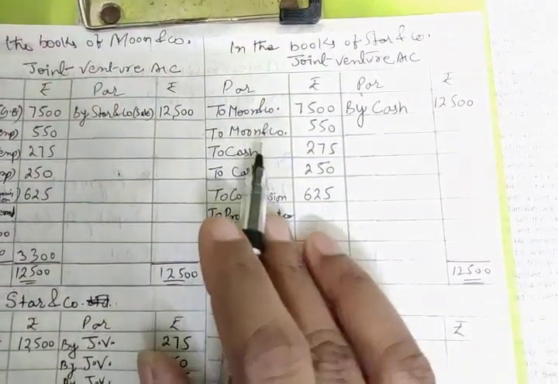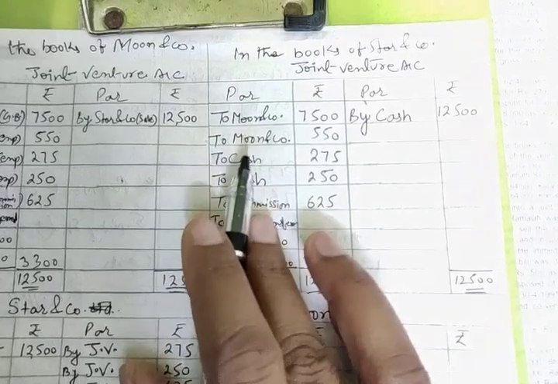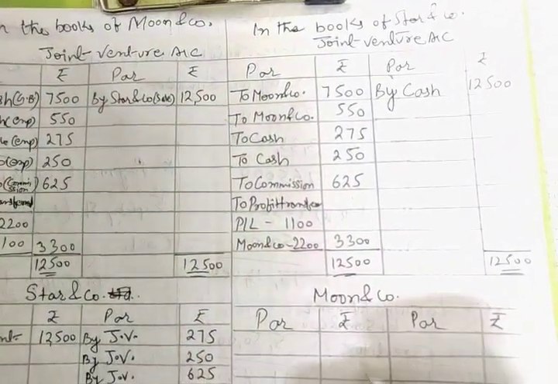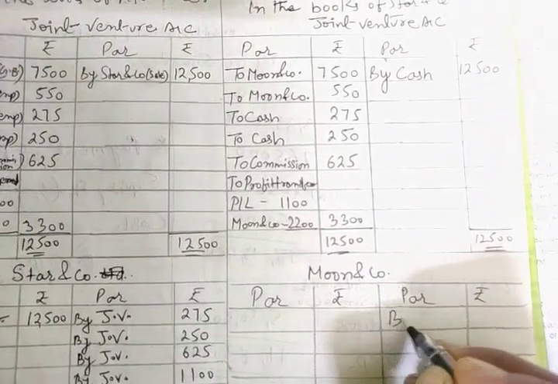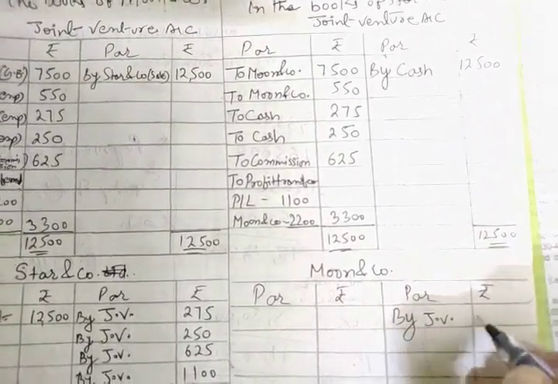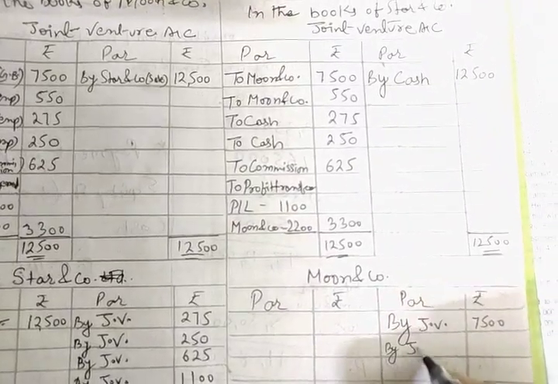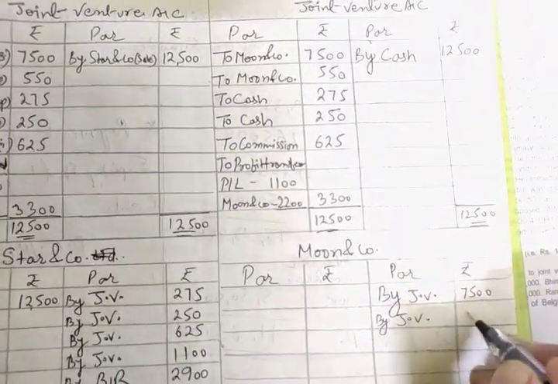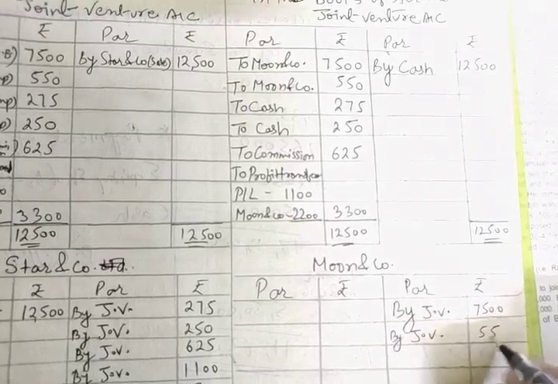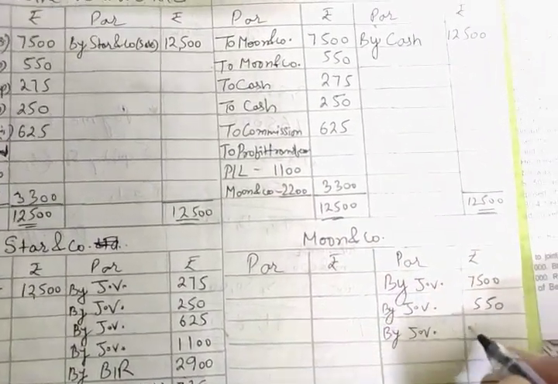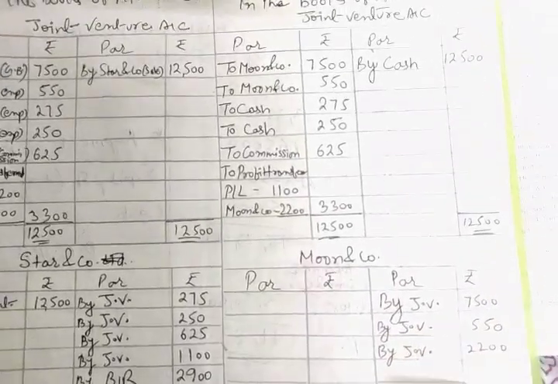As we are able to see, we have only three places with the Moon and Company name or entry. So we'll do the counter entry. Okay, by joint venture, one will be your goods bought value, then another by joint venture, your expenses of rupees 550, and then one is your profit which was 2,200.